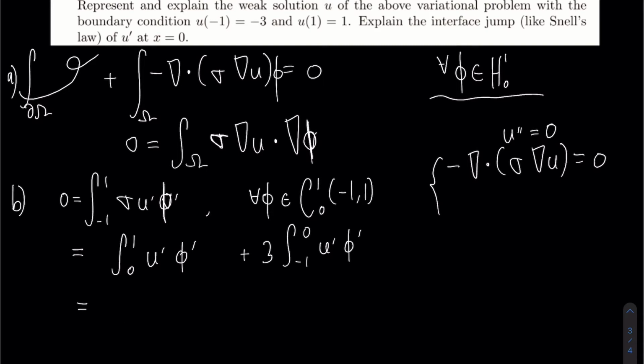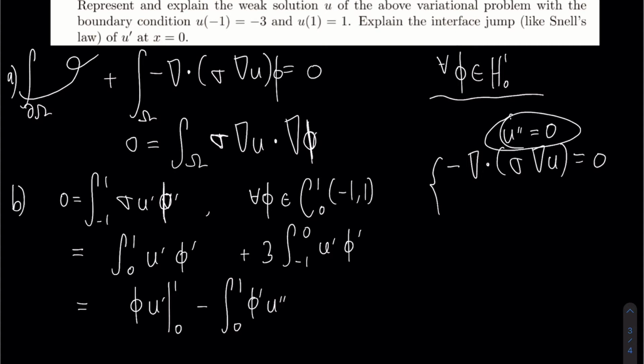I'm going to integrate phi prime, and it's going to be phi times u prime evaluated from 0 to 1, minus the integral of phi prime u prime prime. Now what did we say u prime prime was? We said it was 0, so this integral becomes irrelevant.